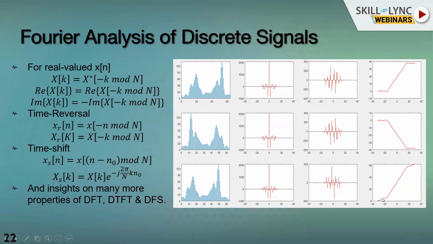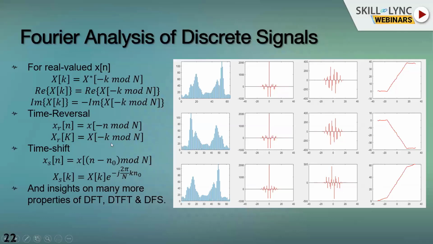This manifests as a phase ramp multiplied with the original DFT, which is visible from the phase plot. We had straight lines with some slope before, and that slope has increased. We can see the phase ramp in the straight line portion, which has acquired some positive slope here and here.